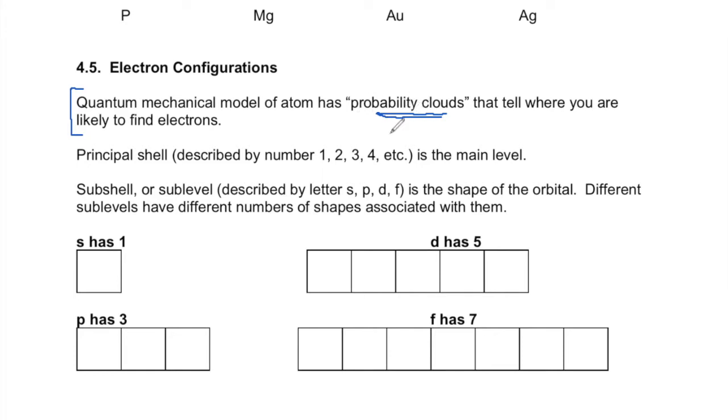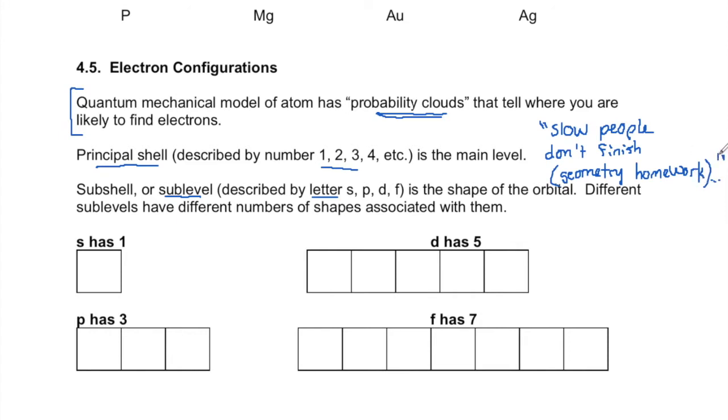But we name these clouds according to the principal shell, which is a number, 1, 2, 3, 4, etc. So it goes from 1 on. And then also a sublevel or a subshell, and that is denoted by a letter: S, then P, and then D, and then F. And then if we needed them, we could go down the alphabet a little bit more, G, H, but we don't ever need that many.